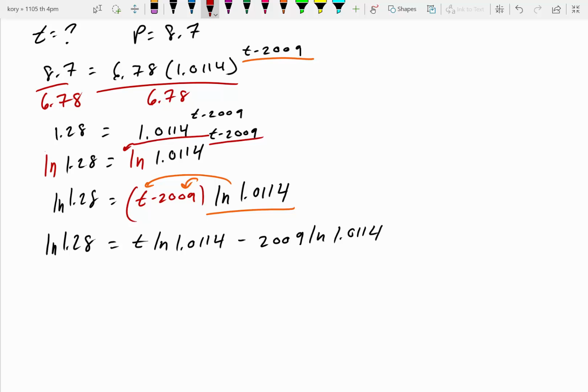What would you do next? Well, we don't need to move the t. The 2009, yeah. We want to isolate the t, so we move the logarithm with 2009 in it.